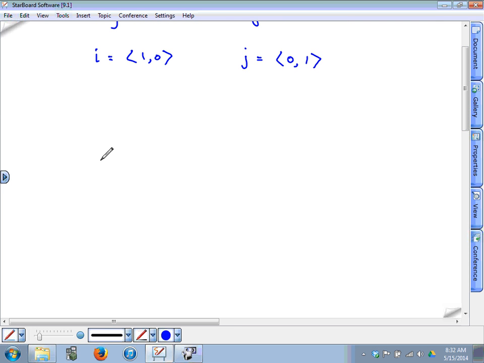Now, I need you to do your best to draw this as accurately as possible and make it a little bit larger so that your accuracy can be better. So draw a big old graph like this. And try to space these out evenly. So let's go 3 on the x-axis, and using the same distances, let's go 4 on the y-axis.